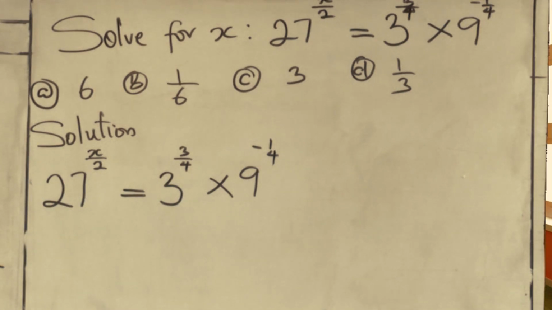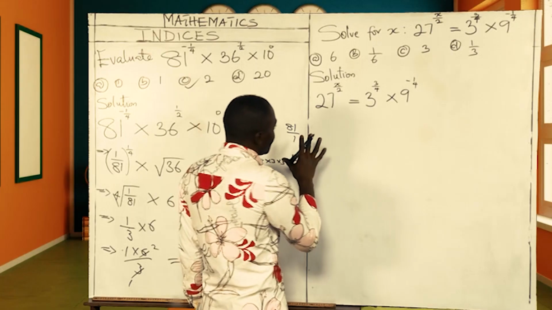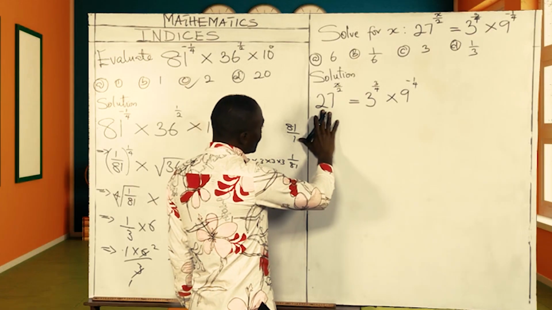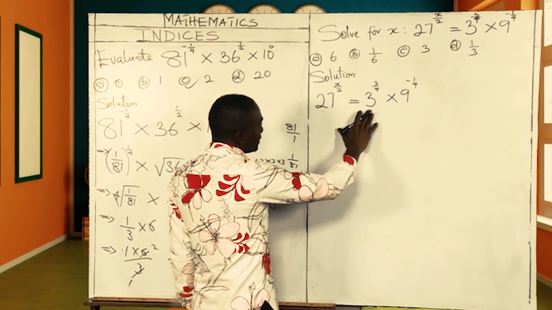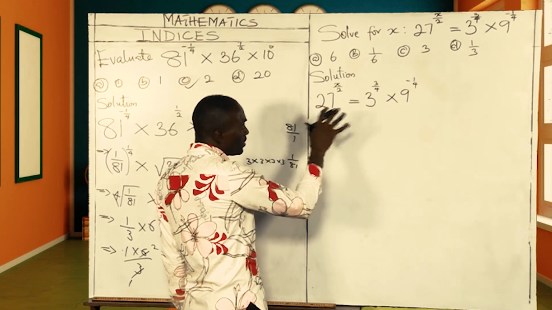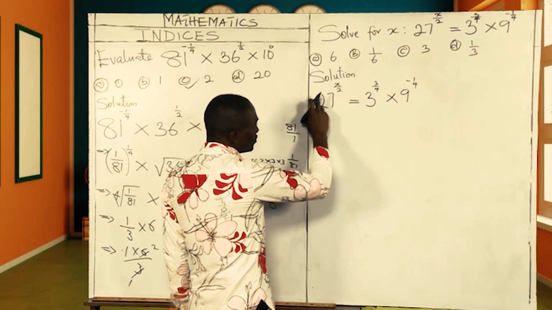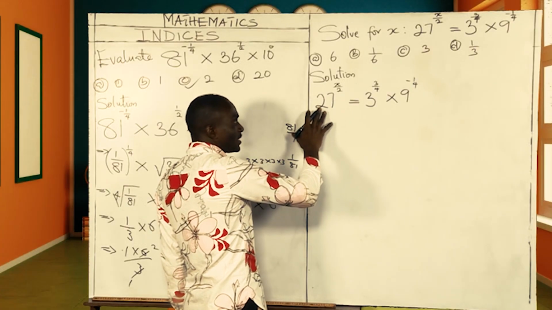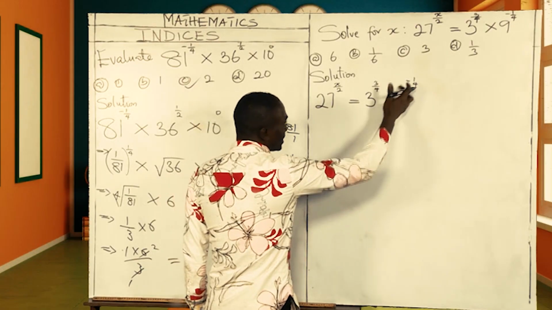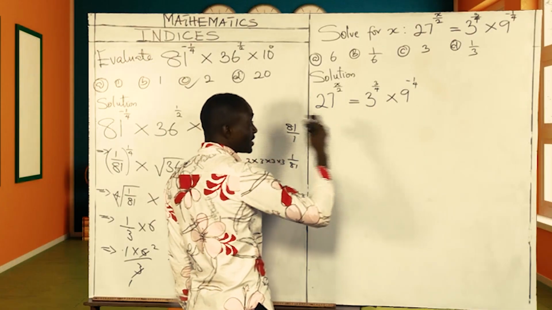The question looks complex, but when you start at it, it's just simple. We have 27 as a base here, 3 as base here, 9 as base here. Looking at it, you would have known that there is a common base, because this 27 can be expressed in index form with 3 as our base. This 9 can also be expressed in index form to give us 3 as base.